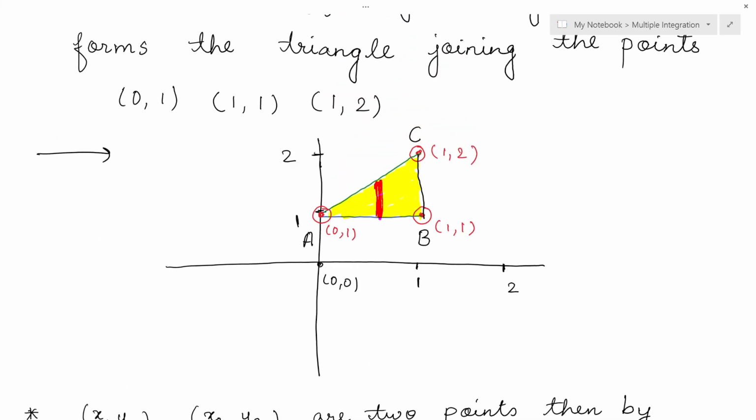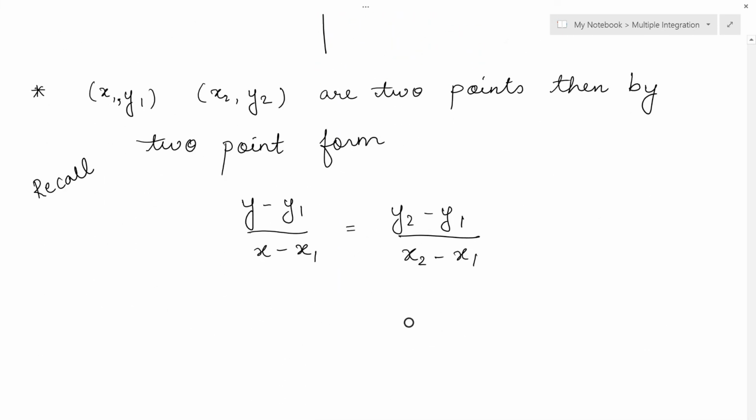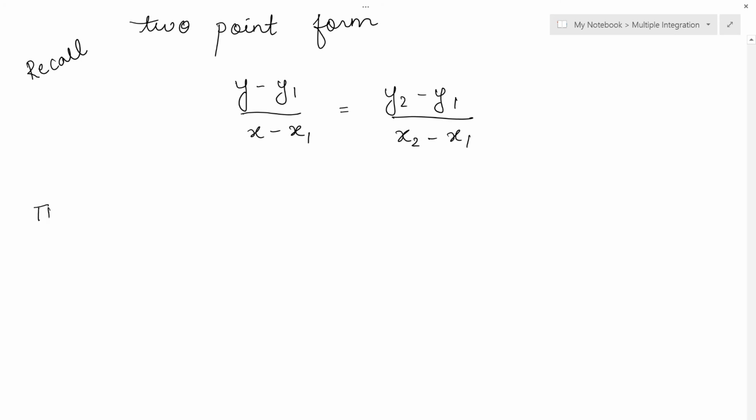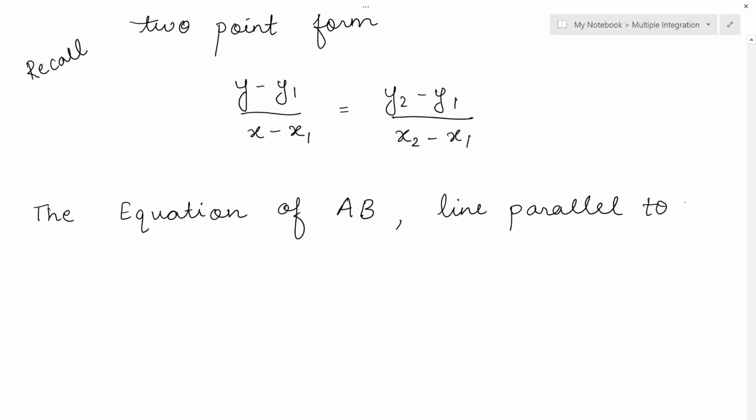Now we will have to find the equation of the line AB and the equation of the line AC. The equation of line AB, there is no need to find by the two-point form because it is oral. It is a line parallel to the x-axis, so it will be y = a. The value of a you know, it is given in A and B. The value for y is 1.